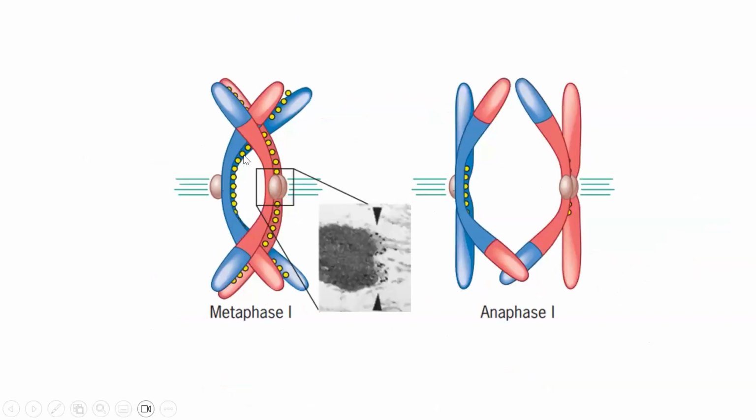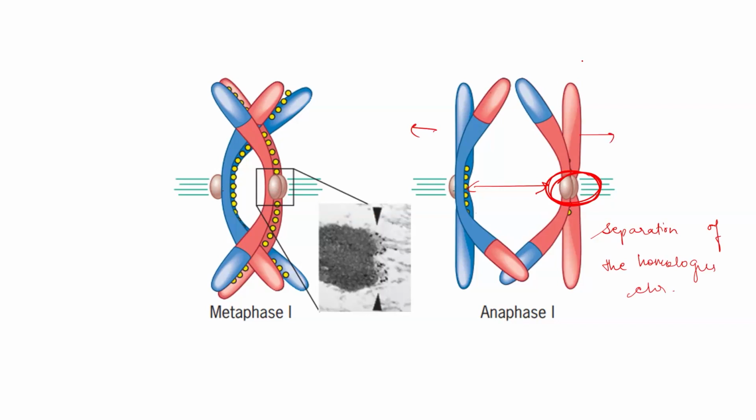So this is the metaphase 1 to anaphase 1 transition. You can see here that these go to the opposite spindle poles. The cohesin protein between the sister chromatids remains intact, but the cohesin protein between these two homologous chromosomes gets dissolved, resulting in the separation of the homologous chromosomes.